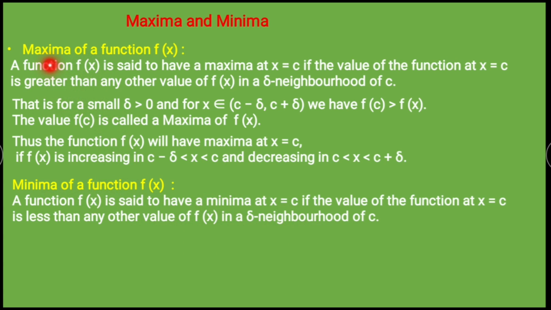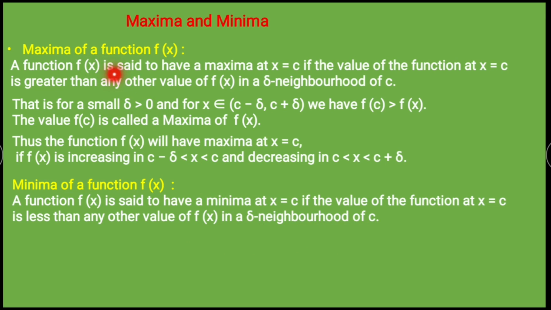See here, in definition of maxima of a function at x equals to c, the value of f of x is greater than any other value of f of x in a delta neighborhood of c. But in minima of a function, the value of function at x equals to c is less than any other value of f of x in a delta neighborhood of c.